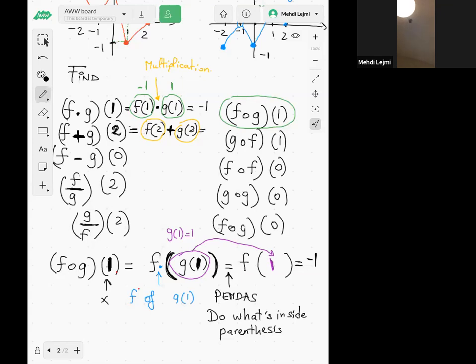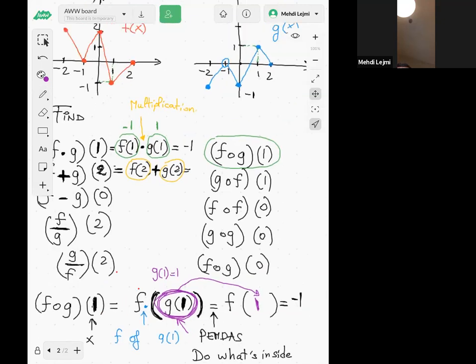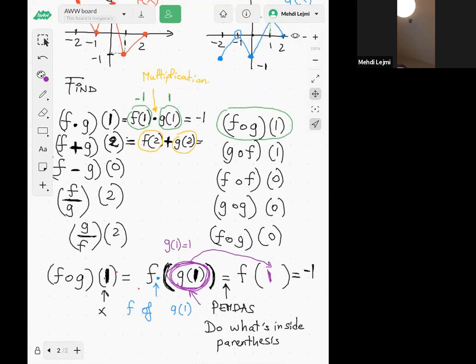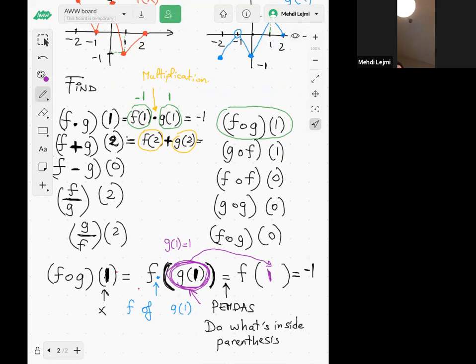Okay. And then I said this is like a PEMDAS rule. You have to find what's inside the parentheses. Inside the parentheses, I have this g of 1, so I have to find g of 1. You check the graph of g, and g of 1 turns out to be 1. So now inside the parentheses, g of 1 is actually 1. But you are not done yet because there is still f outside.